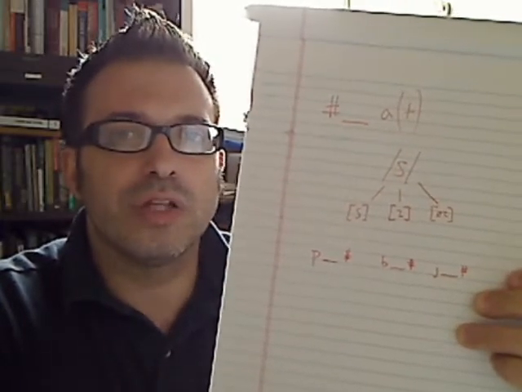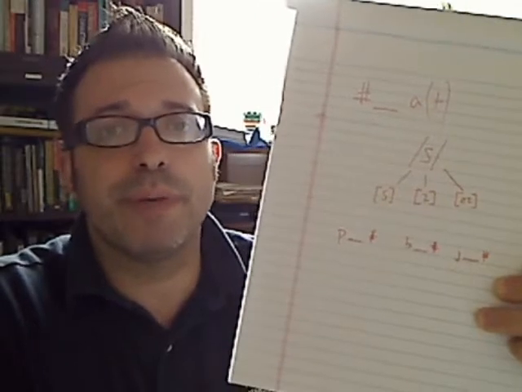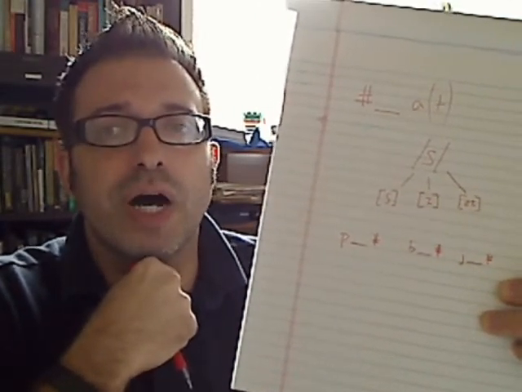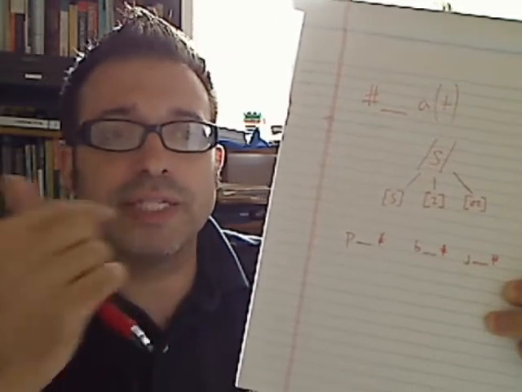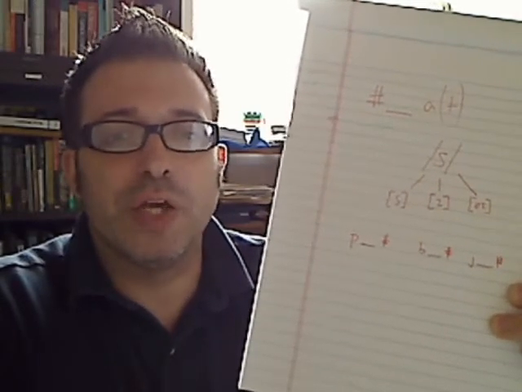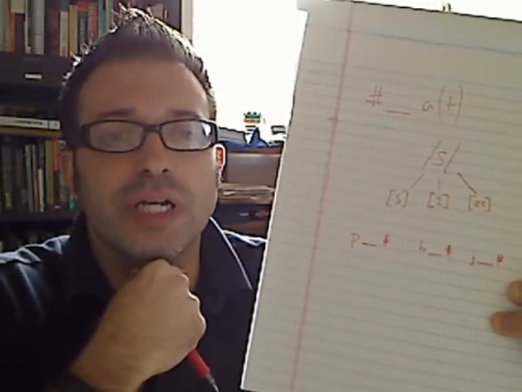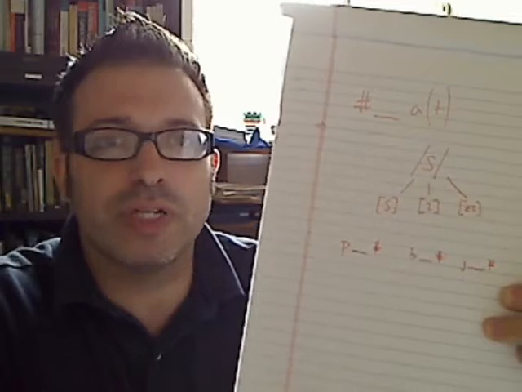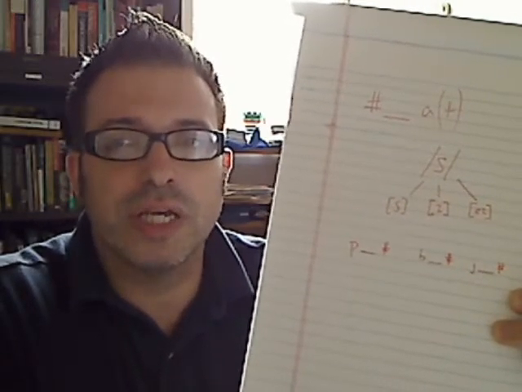The voiceless sound P is followed by the S sound. Then we have the B, which is a voiced consonant, followed by a Z sound, which is also voiced. So the S is unvoiced, following voiceless consonants. The Z is voiced, following voiced consonants.